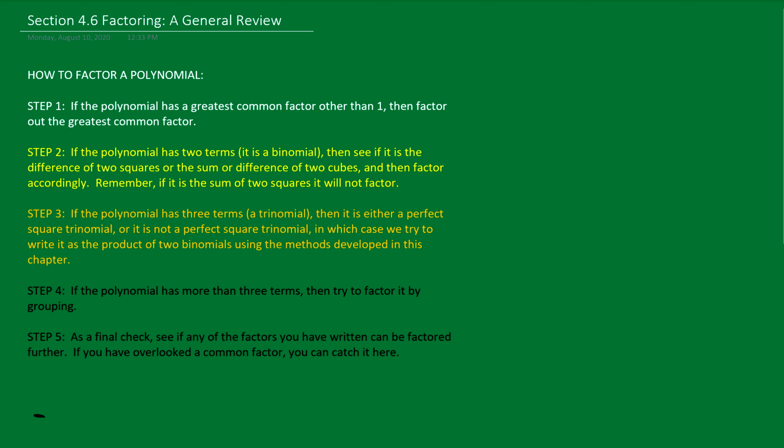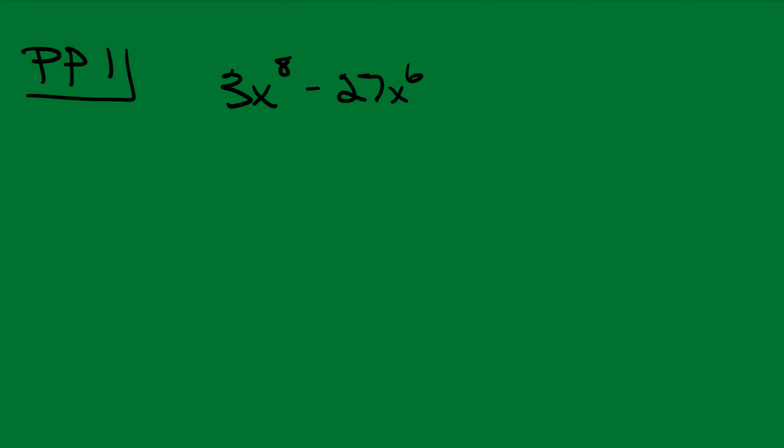All right, here's practice problem 1. As I previously mentioned, when I see this problem, I've got a 3 in the front. This is not a trinomial by any means. This is a binomial. It has 2 terms separated by a minus sign.